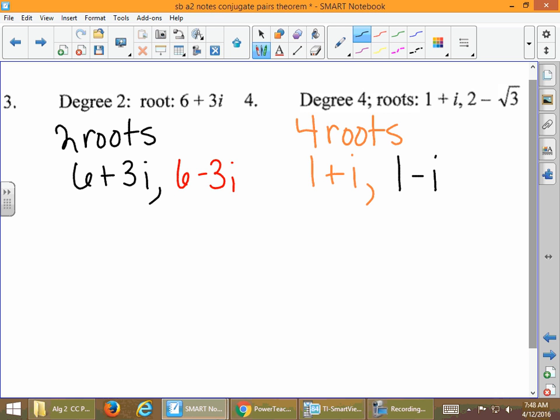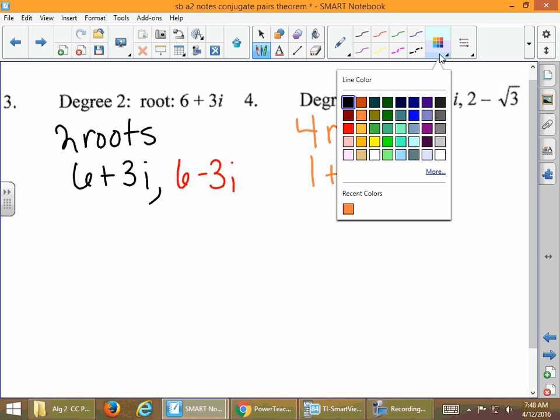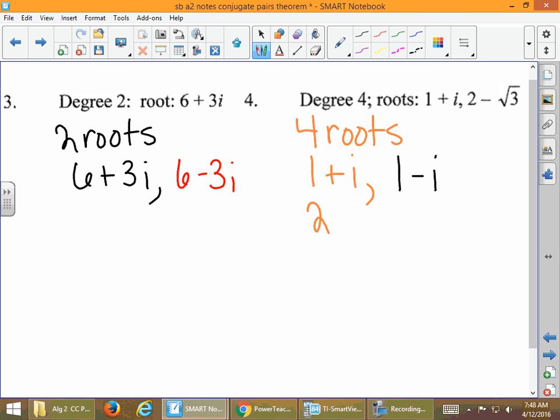We change one sign in the binomial. We have 2 minus the square root of 3. What do we also have in terms of roots? So it would be 2 plus the square root of 3. We change one sign in the binomial. 1, 2, 3, 4 roots.